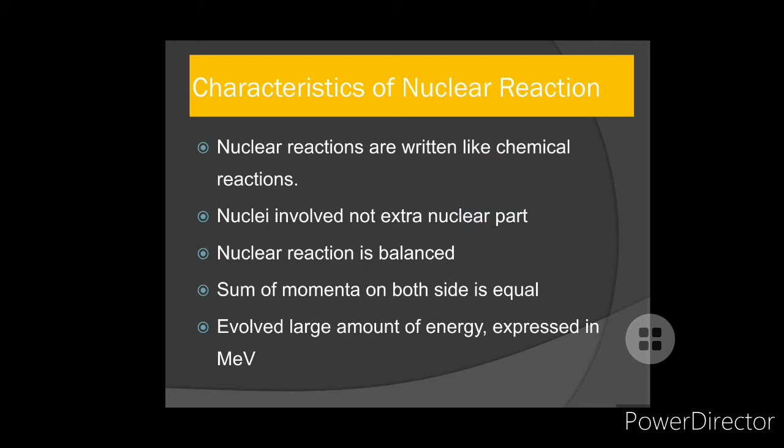Nuclear reactions are balanced just like chemical reactions. The sum of momenta on both sides of the arrow in a nuclear reaction is equal. Nuclear reactions are accompanied by a large amount of energy, and this is expressed in mega electron volts.